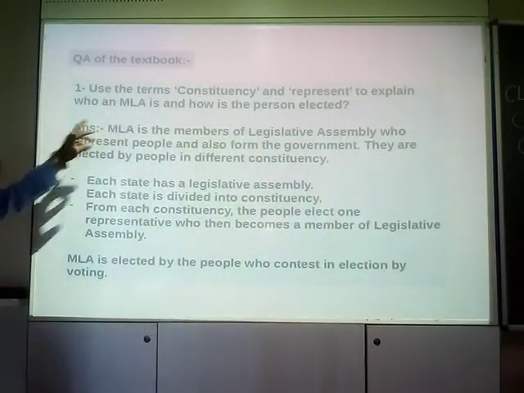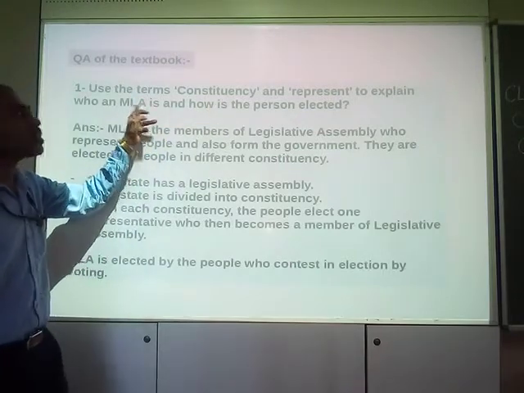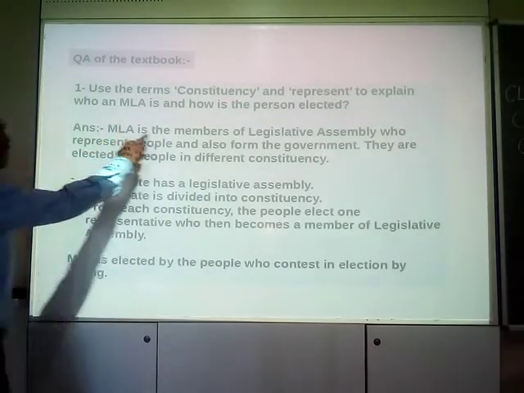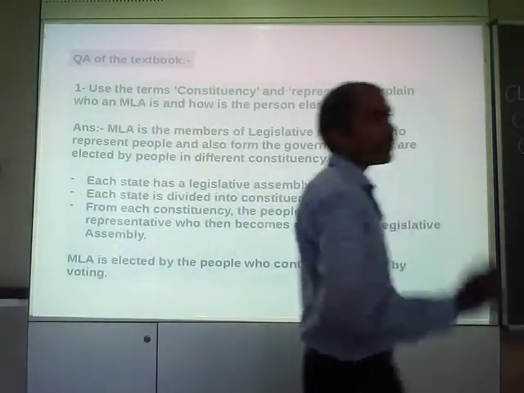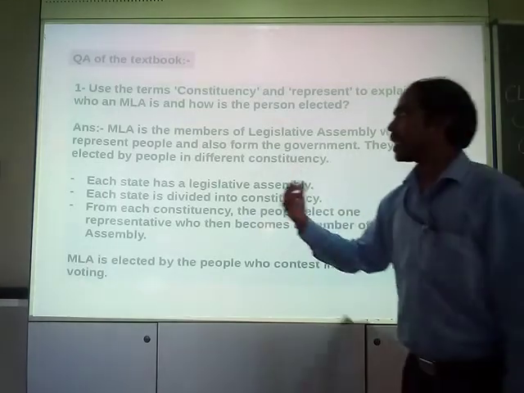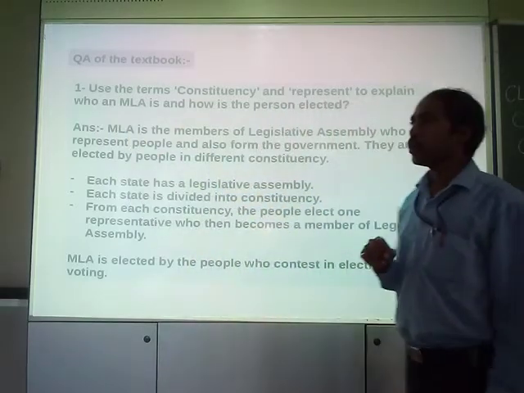You have to tell what is the meaning of MLA, who an MLA is, and how this person is elected. So MLA is member of legislative assembly. You abbreviate MLA, member of legislative assembly.